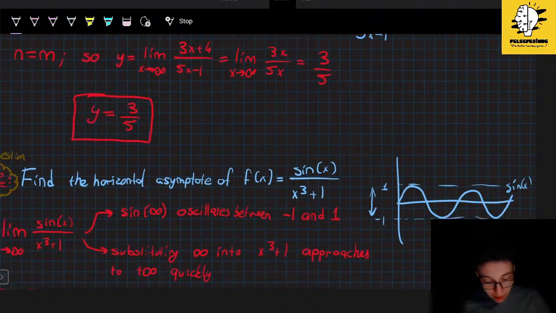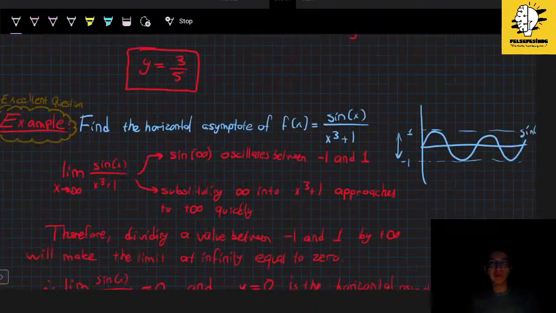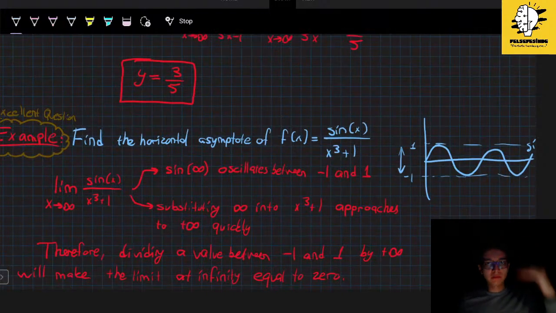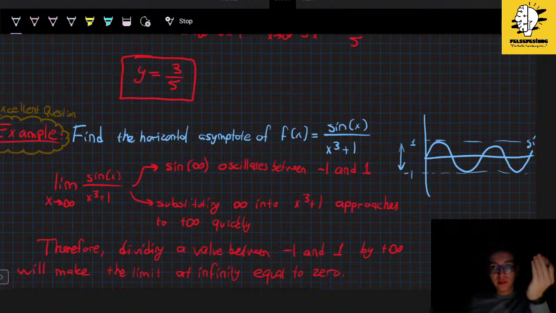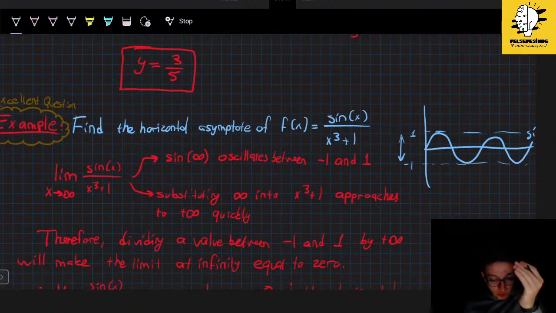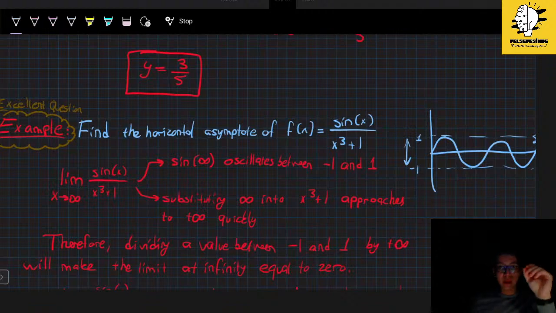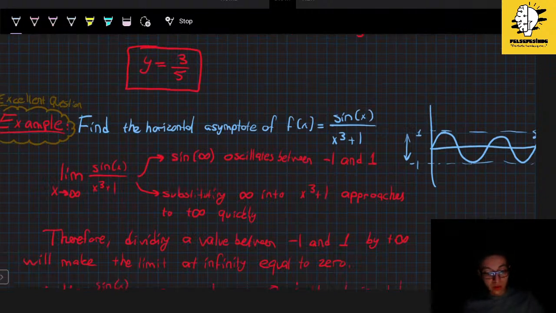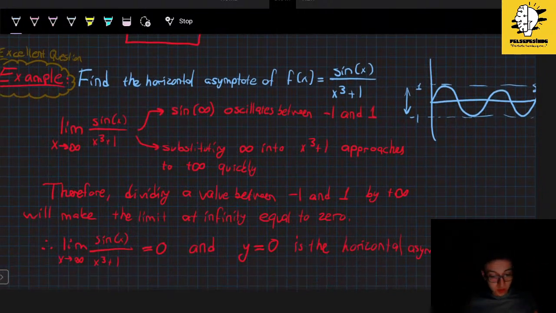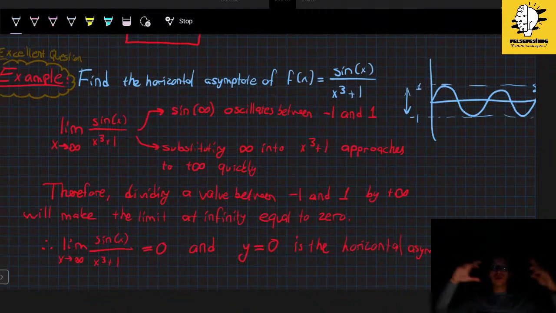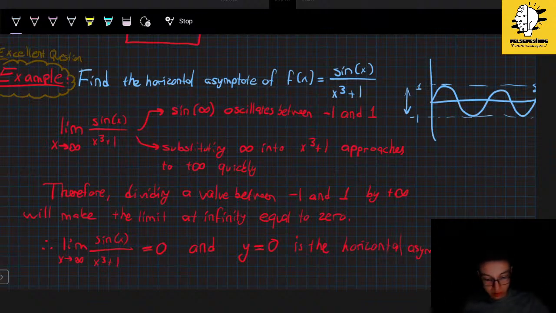So, I am dividing a value between -1 and 1, a small value, by positive infinity, x cubed plus 1. Hence, it will approach 0, because 1 and -1 is a small number compared to infinity cubed plus 1, a much greater result.